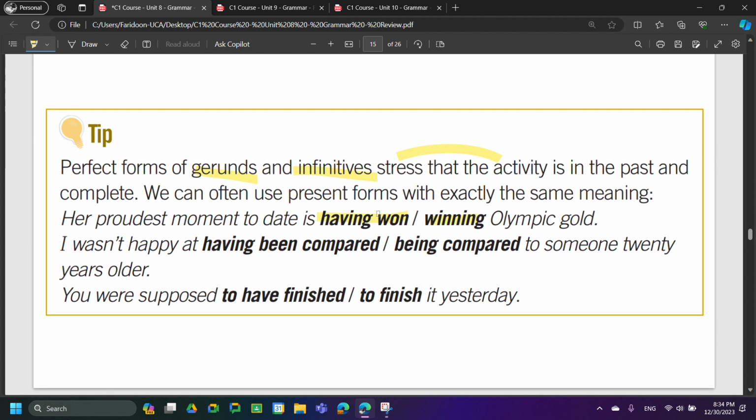Having won is just a bit more certain that it's in the past, okay? Or another one, I wasn't happy at having been compared, or I wasn't happy at being compared to someone 20 years older. And the last one, you were supposed to have finished, or you were supposed to finish it yesterday, okay?